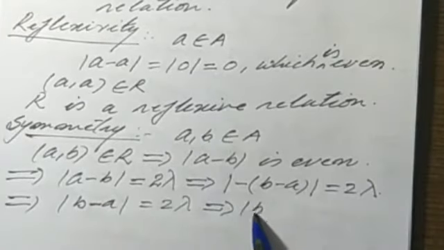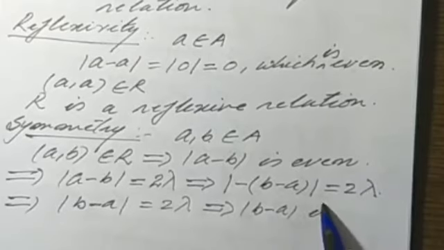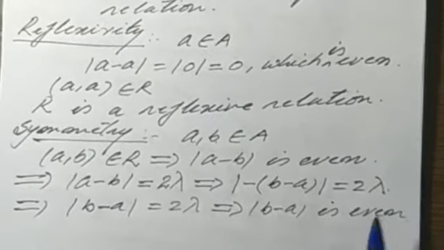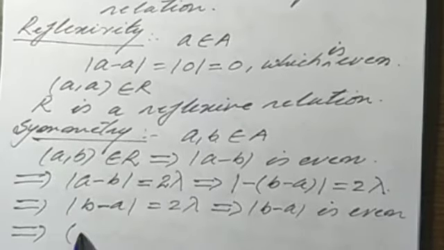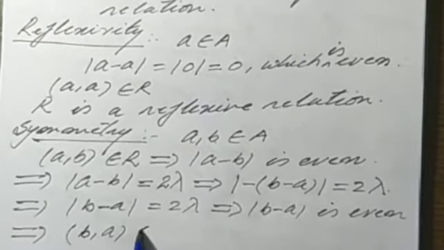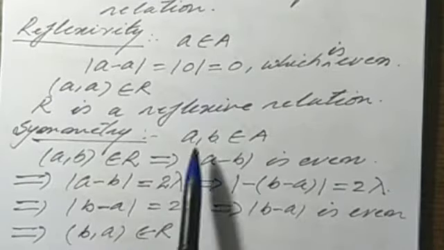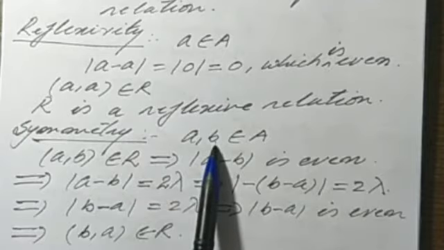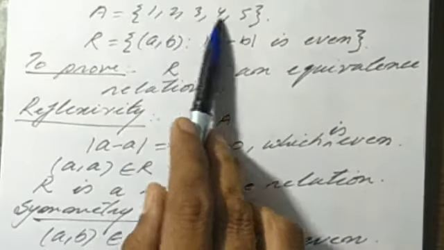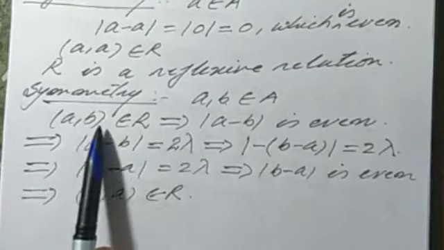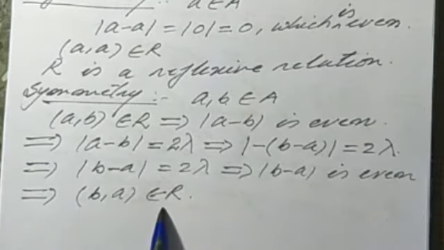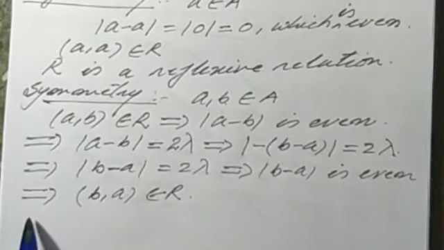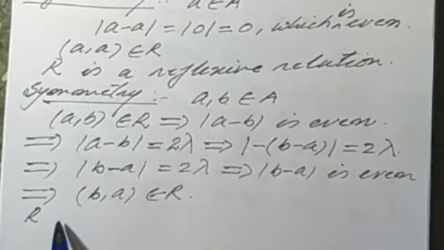So by the definition, (b, a) must also belong to R. So we have shown that for any two elements a and b out of these 5 elements of set A, if (a, b) belongs to R, then (b, a) also belongs to R. So this way R is a symmetric relation.